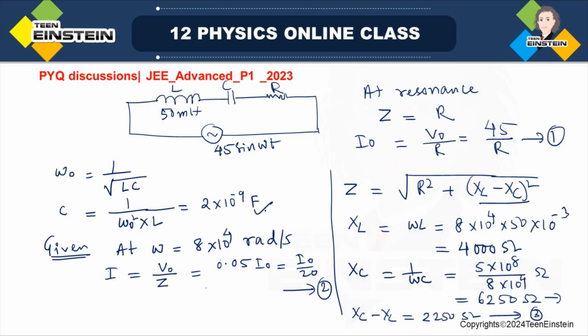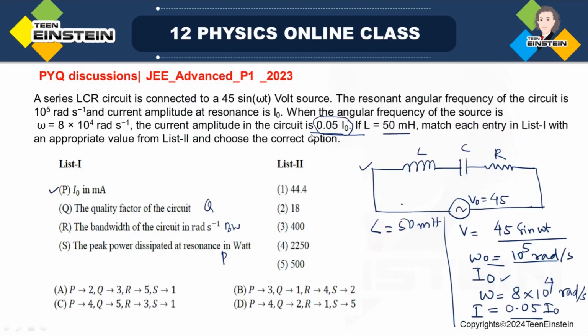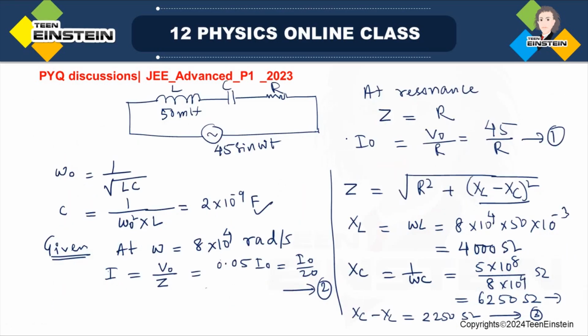Now R is not given, but there is another piece of information related to this I0. At some other frequency omega, the amplitude of the current in the circuit is 0.05 I naught. So this information will be used for calculating the resistance of the circuit.